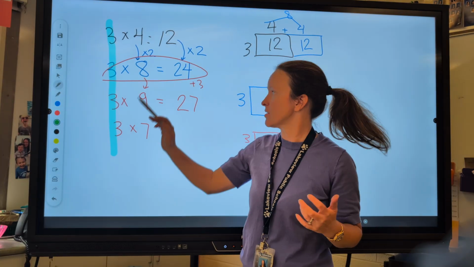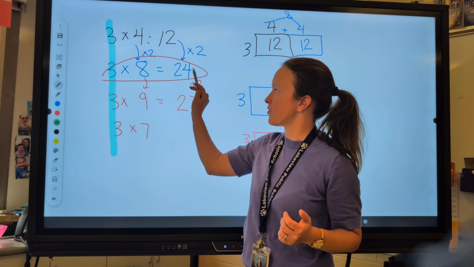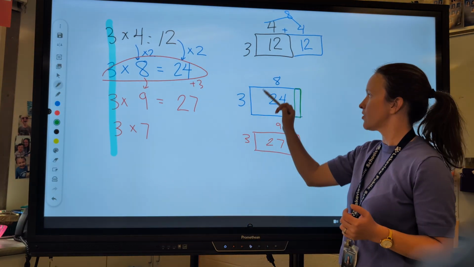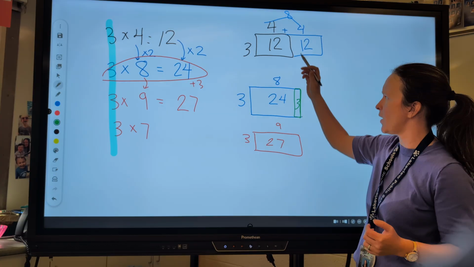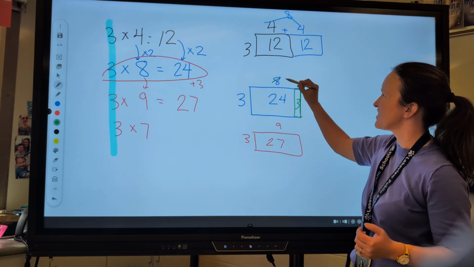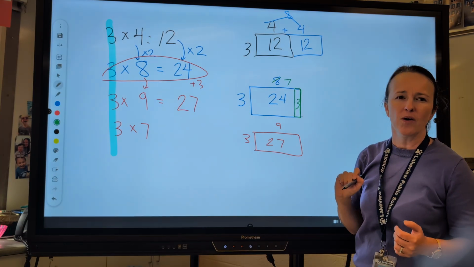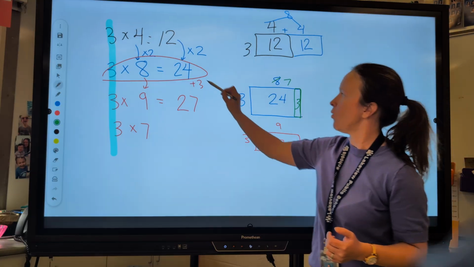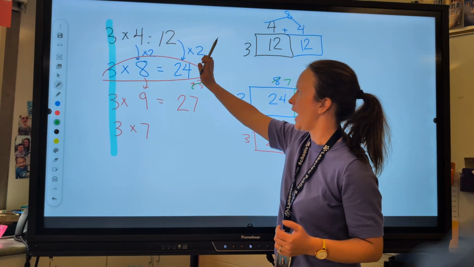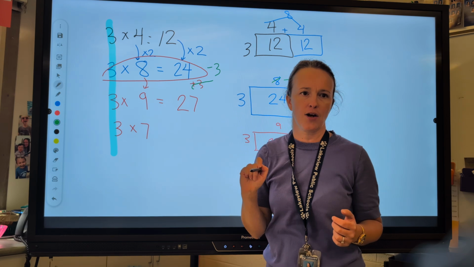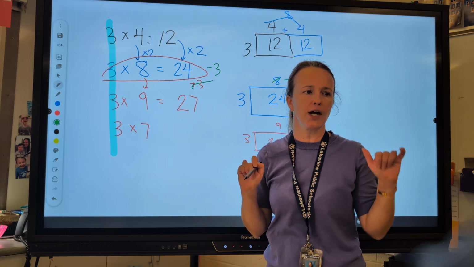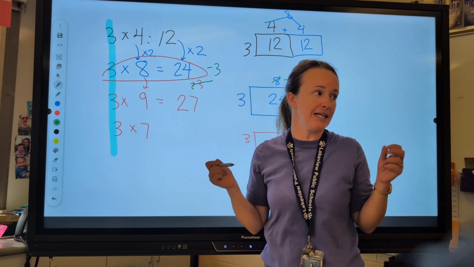Multiplication is groups. I have 8 groups of 3 in this picture, and I want to take one of those groups away so that I have now 7. What would that be? If I take one group away, now instead of adding 3, I'm going to subtract 3 from 24. 24 minus one group of 3 is 24 minus 3.